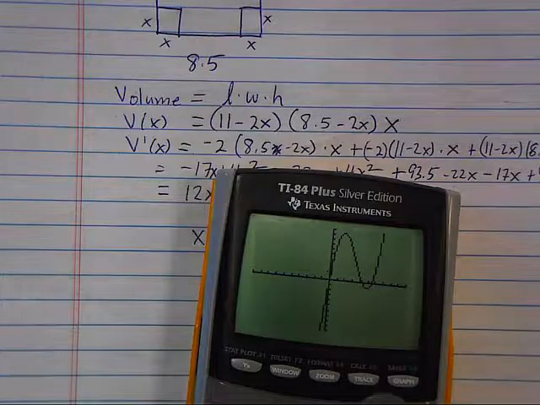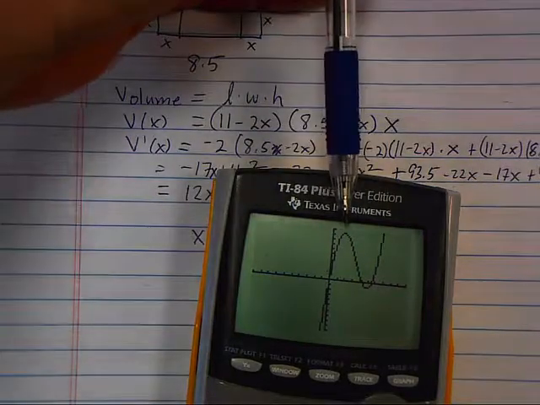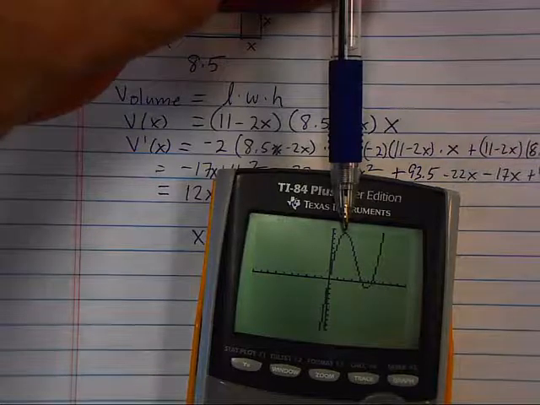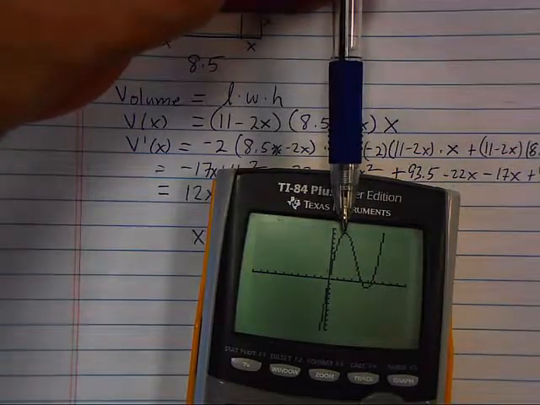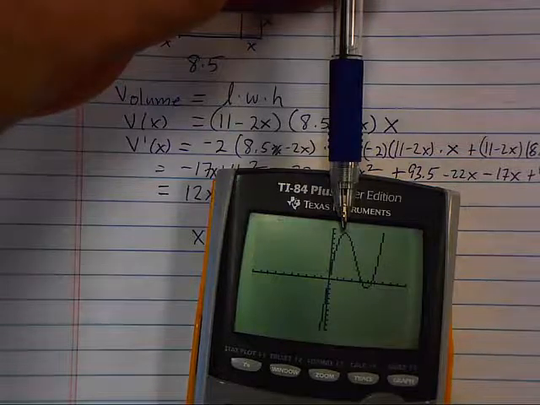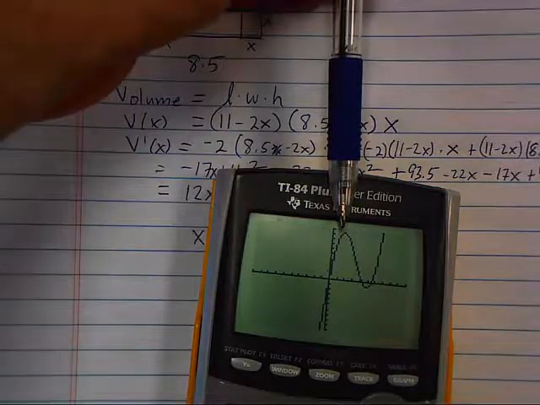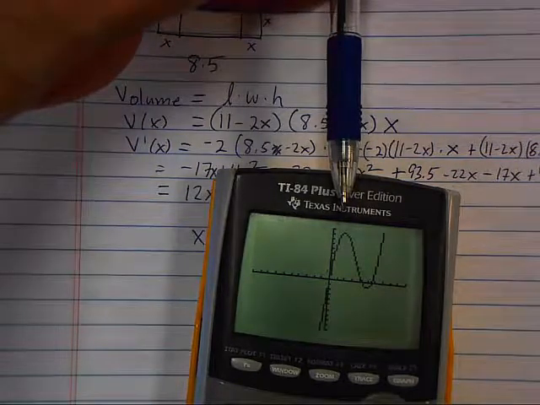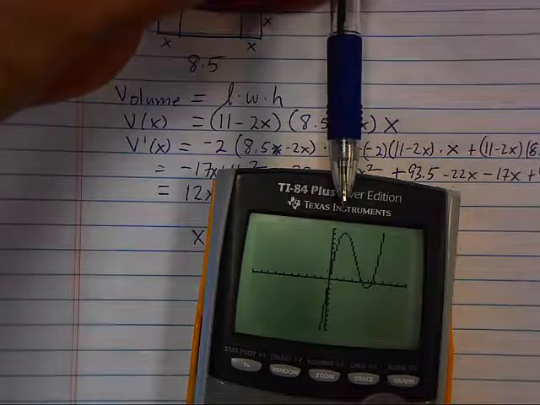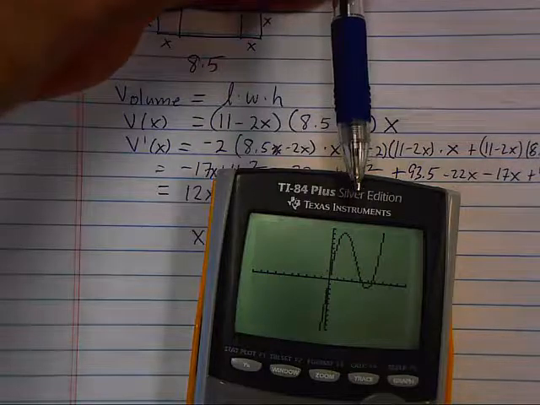All right, so right here is x equals 1.5 something. So it is a relative maximum. Is it the absolute maximum? In the domain it is. Excellent. In the domain it is. What's the domain? Anything above 0 to below 11. Sorry, 11. Before that.